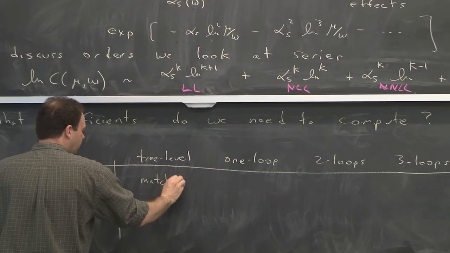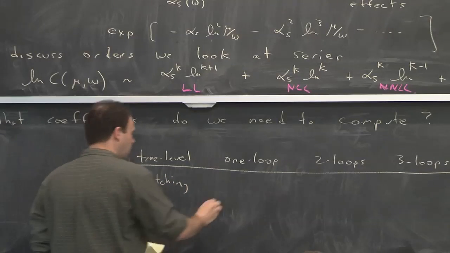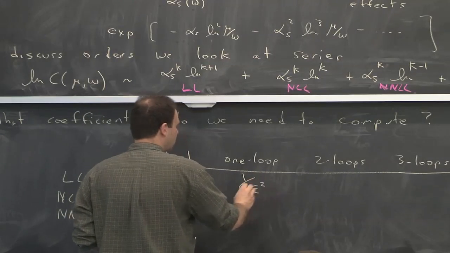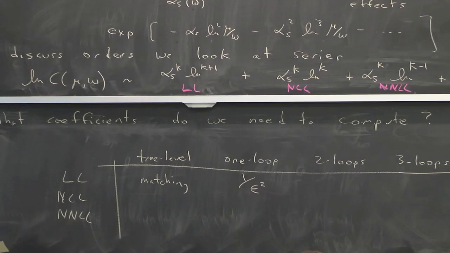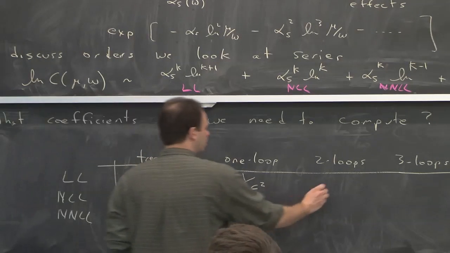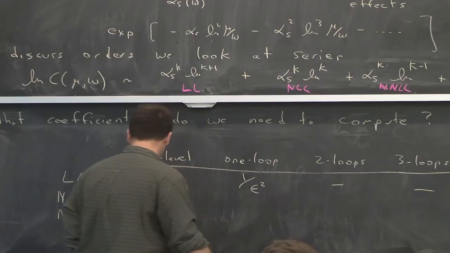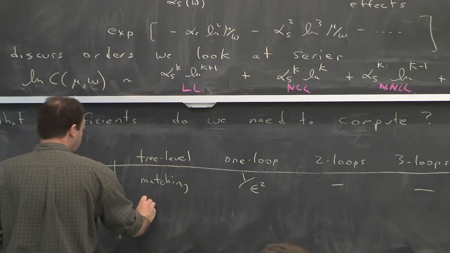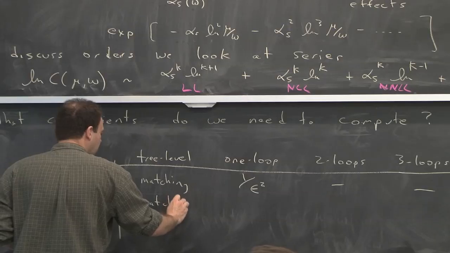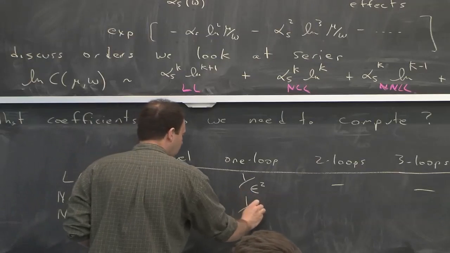So for leading log, what we did is we put in tree level matching. And at one loop, we only actually took the information that came from the coefficient of the 1 over epsilon squared, which is the cusp anomalous dimension. Didn't need anything here. If you go to one higher order, it turns out that this is the story.